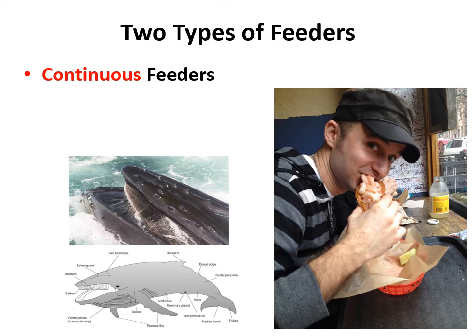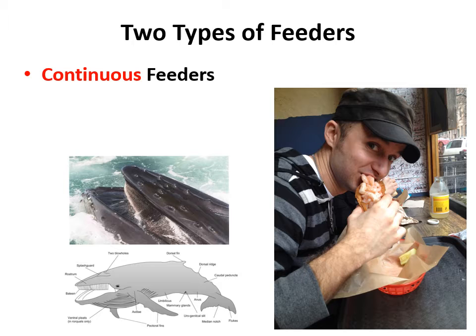Another term for continuous feeders is filter feeders because these organisms tend to have nice big filters in front of their mouth opening. And what makes them continuous feeders is that water with food particles is constantly flowing through. It's always allowing food particles through their body.